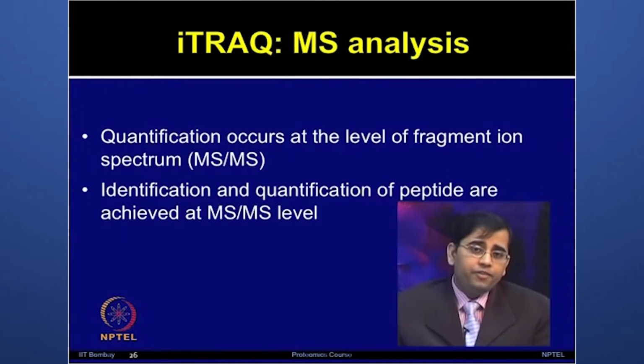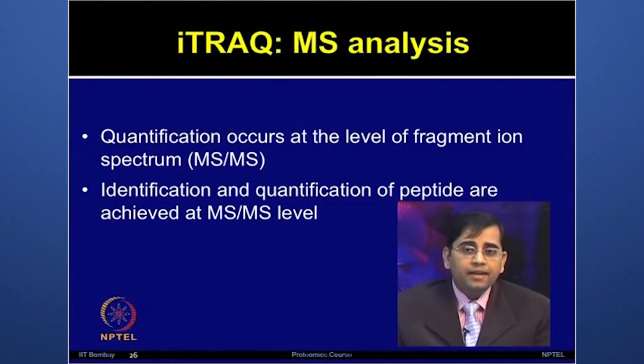So, in iTRAQ the quantitation occurs at the level of the fragment ion spectrum at the MS/MS level. Peptides with identical sequence but derivatized with different isobaric reagents are indistinguishable in the MS spectra alone. That is why quantitation can happen only during the MS/MS phase.